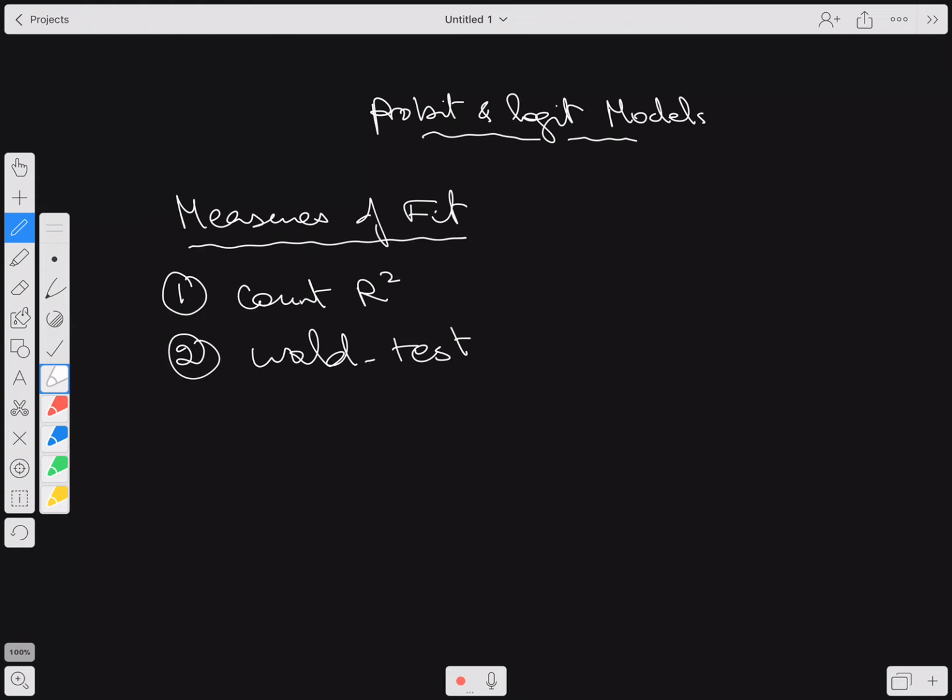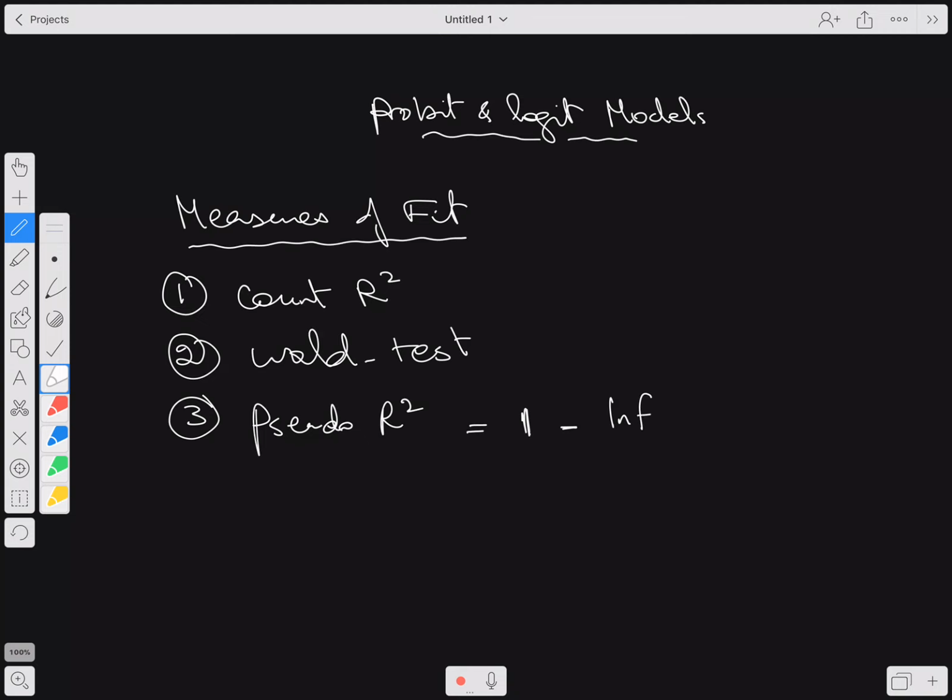Okay, let me go over the pseudo R square. As I mentioned in class, it's computed as a ratio between two log likelihood functions. So it's 1 minus the log of f, where f I call the likelihood function.